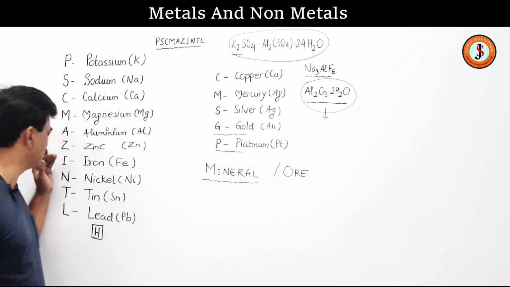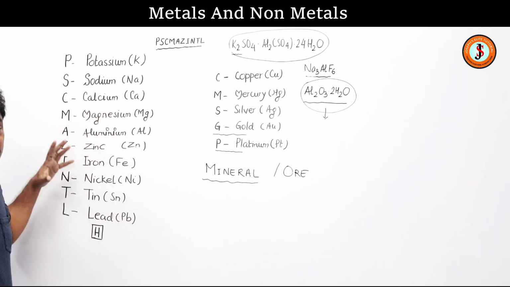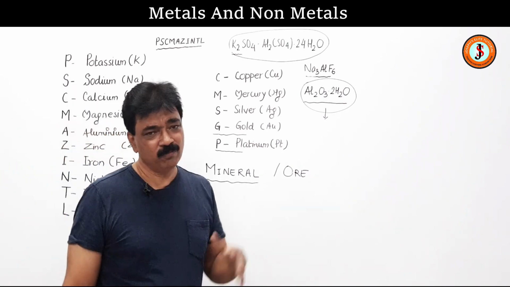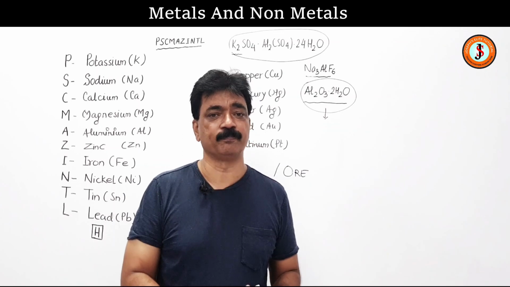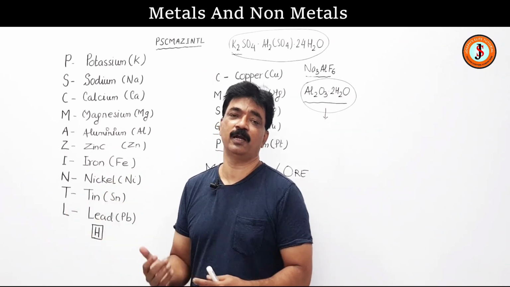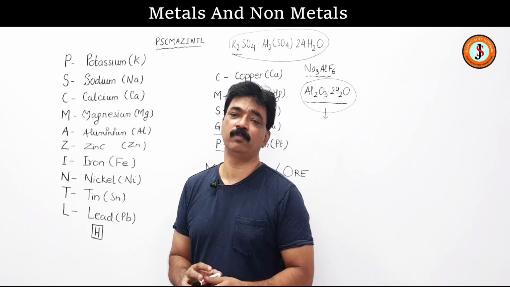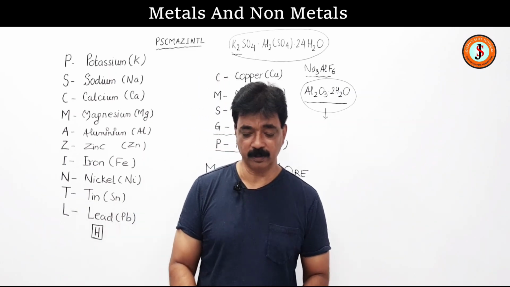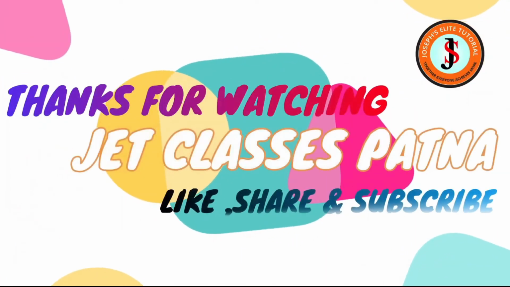And when you go further to iron, red hot iron will react with oxygen. Otherwise, the reaction with oxygen in the presence of moisture is a slow process. So knowing the reactivity series will help you understand the chemical nature of elements and the way they react with a particular reagent. Thank you.